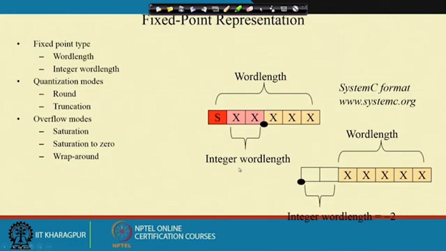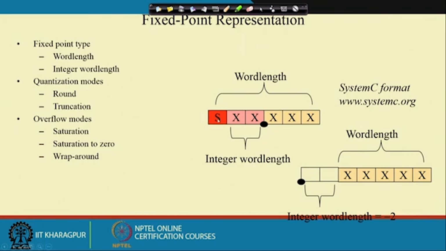So then, this fixed point type may have two kinds of word length: one is the word length, another one is the integer word length. Okay. Suppose this portion I have denoted here is the fractional part, this portion is the integer part, and this S is the sign part.